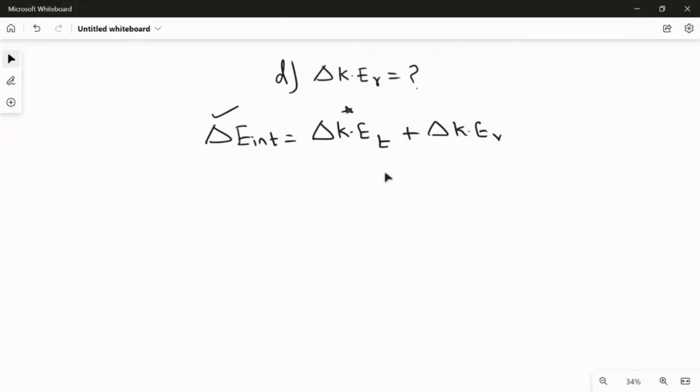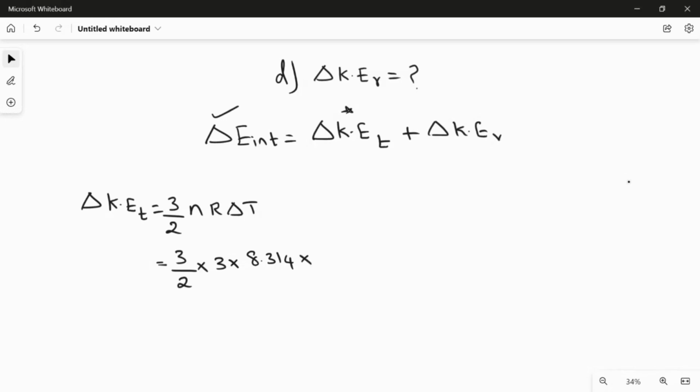First I'm going to find the change in translational kinetic energy, and once I have that, we are going to find the change in rotational kinetic energy. Clear? Okay. The change in translational kinetic energy is given by 3 over 2 times n R delta T. We already have the number of moles, which is 3. So 3 over 2 multiplied by 3 multiplied by the gas constant 8.314, multiplied by delta T, which is already given in the question as 20 Celsius degrees.